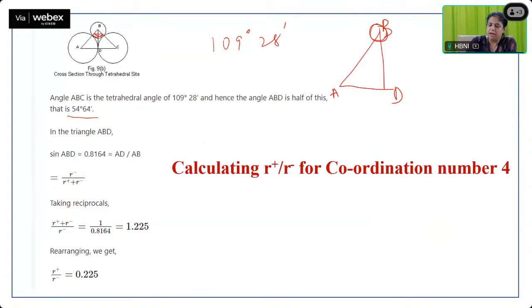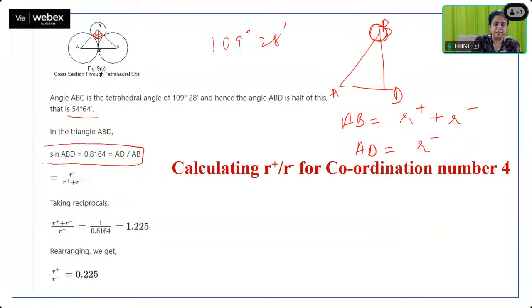AB is R plus plus R minus, and AD is R minus. So now you can apply this. Sin ABD would be AD by AB. Put it in terms of the radius of cation and anion, then do the simple mathematical operation of taking the reciprocal and rearrangement, and you will get the limiting radius ratio required for the tetrahedral coordination.